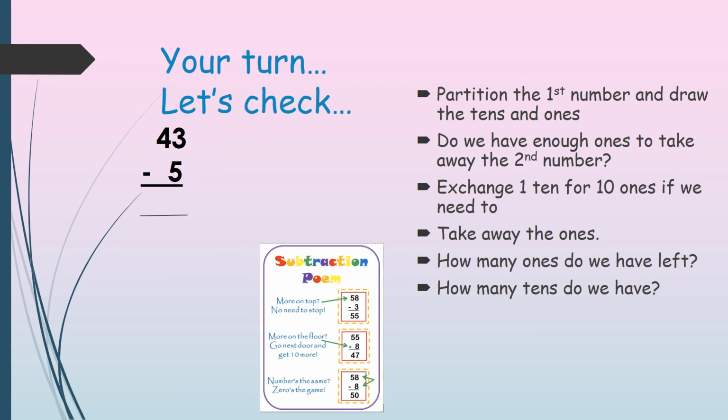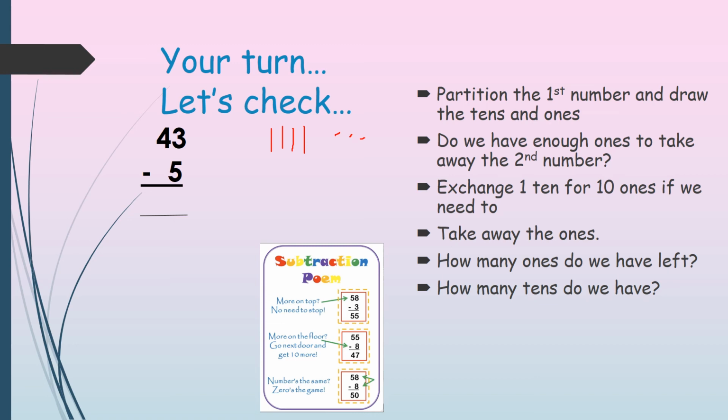Okay, let's check. So for 43 take away 5, the first step that you had to do was partition that first number. So we should partition our 40 into 4 10s and 3 1s. Our next step is to look and see, do we have enough ones to be able to take away the second number?